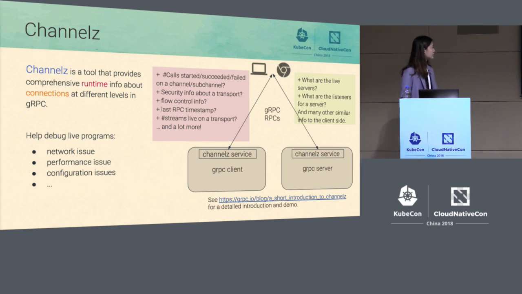Also info like what the last RPC on the channel was and how many streams are currently alive on the transport. There's a lot more there, so please explore it yourself. I have written a very short introduction to channelz, and you can find the link at the bottom.